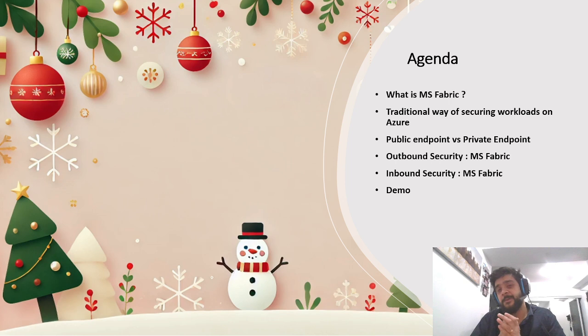Okay, so let's talk about today's agenda. We will briefly touch upon what Microsoft Fabric is. I'm sure everyone already knows this and must be hearing a lot about it, but just a brief touch on it. We'll go into the traditional ways of securing workloads on Azure. Most of it is related to setting up private endpoints and private links, and that's really the traditional way of doing it.